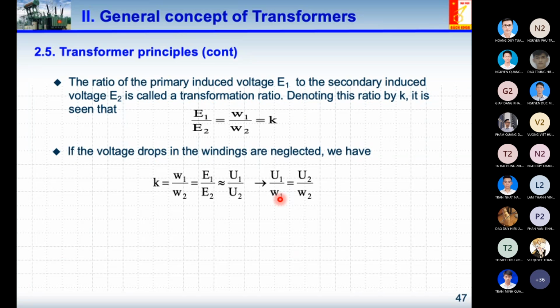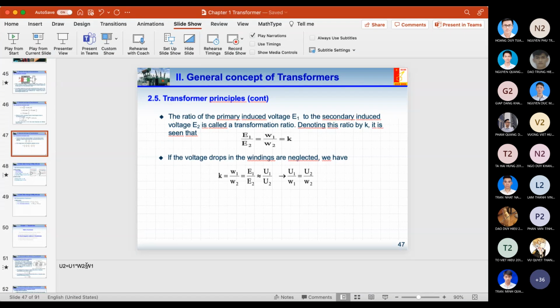Let me come back to this one, I think it's better here. If you look at this expression, we can deduce that U2 is equal to U1 multiplied by the ratio of W2 to W1.